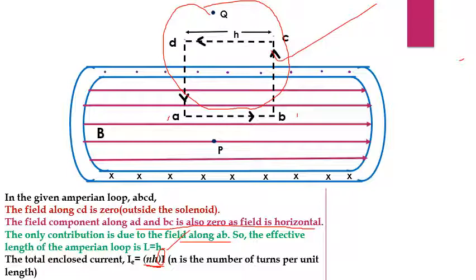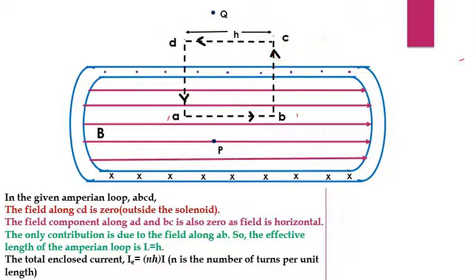We have taken only the current which corresponds to this Amperian loop, and hence we have taken the net enclosed current as the total number of turns n h multiplied by the current in the solenoid, that is I.